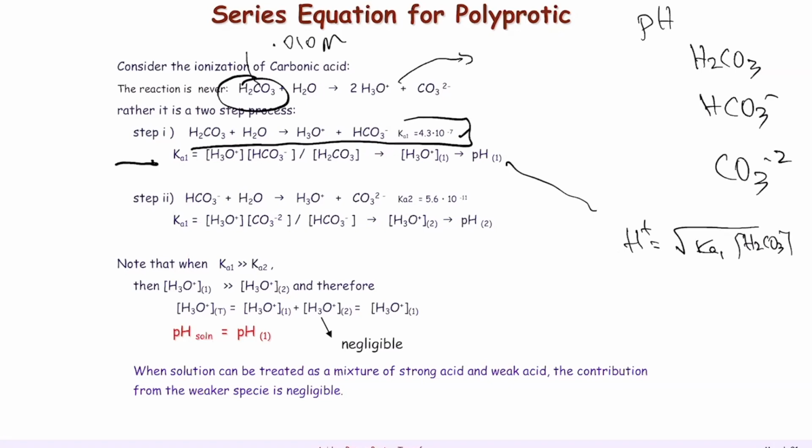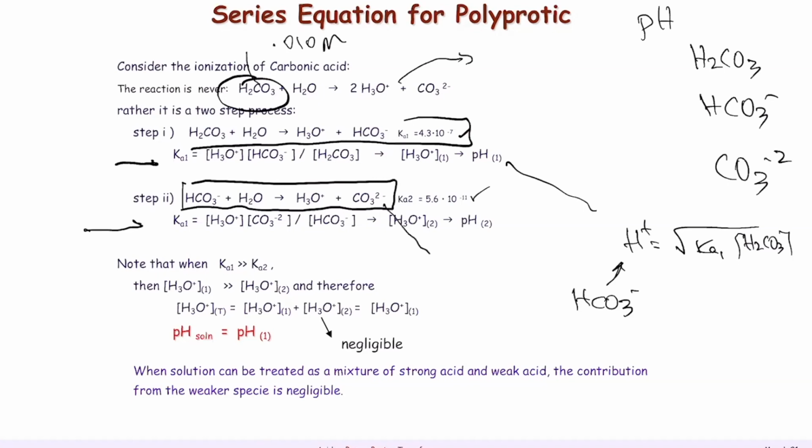And you can get the hydrogen ion concentration. Okay, and this guy right here is equal to that guy right there because they form an equal amount. The second equilibrium right here is taking this reaction right here, and then solving the mass action expression using this equilibrium constant.